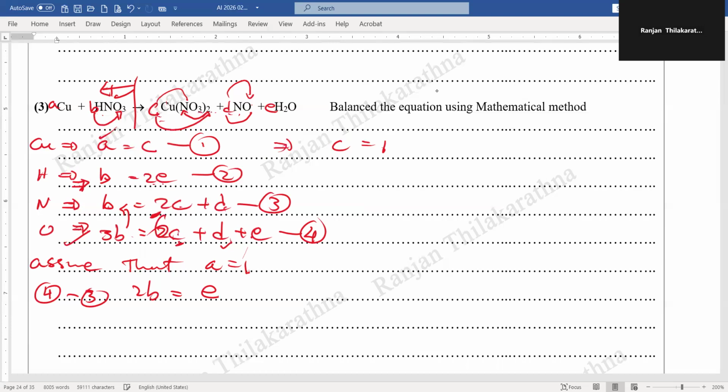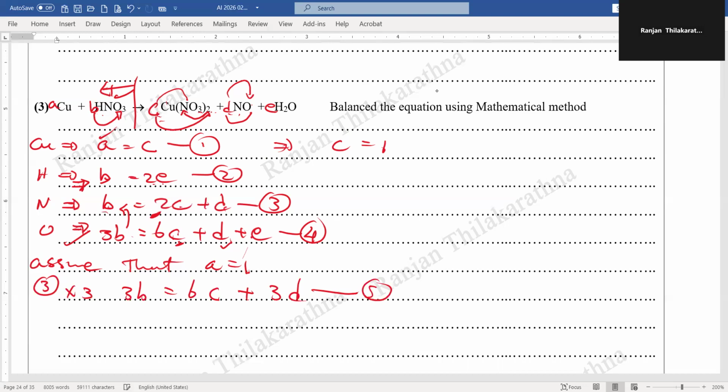Therefore what I do here, I multiply the third equation by 3. 3 into 3 can be 3B equals 6C plus 3D. This is my fifth equation.